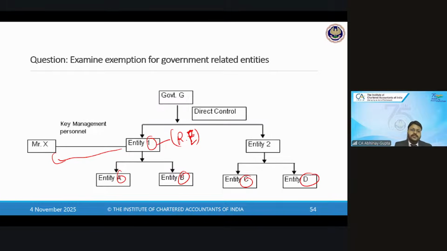So from entity 1's perspective, for which other entities can it claim the government related disclosure exemption? What do you think? Which entities are covered for the exemption to be taken by reporting entity 1?